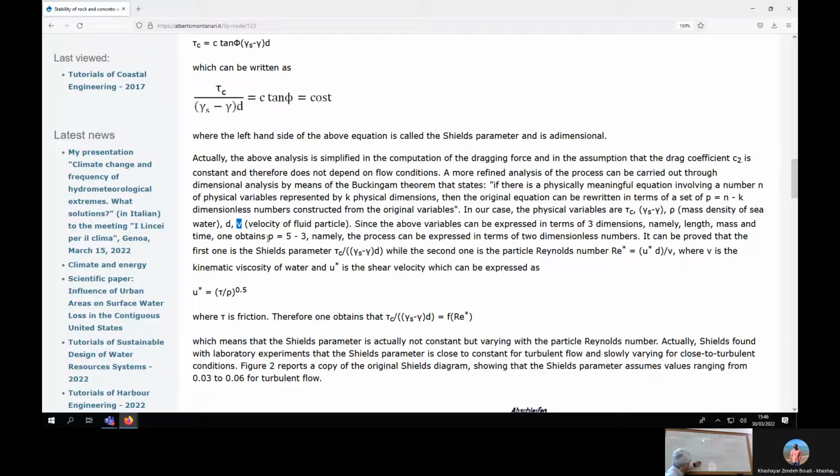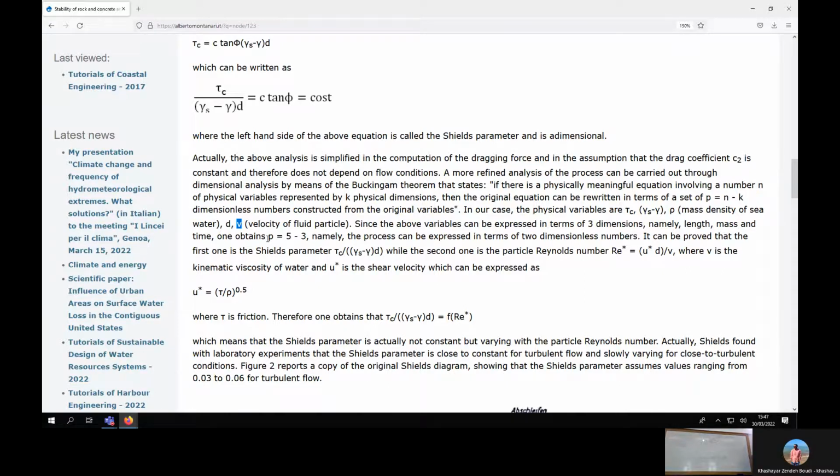But then he realized that we cannot have a constant here. There must be something different. And what is this something different? The something different is the shear Reynolds number, which is called Reynolds star. Did you take fluid mechanics in your bachelor? Yeah, Reynolds number. Okay, so you remember the Reynolds number.